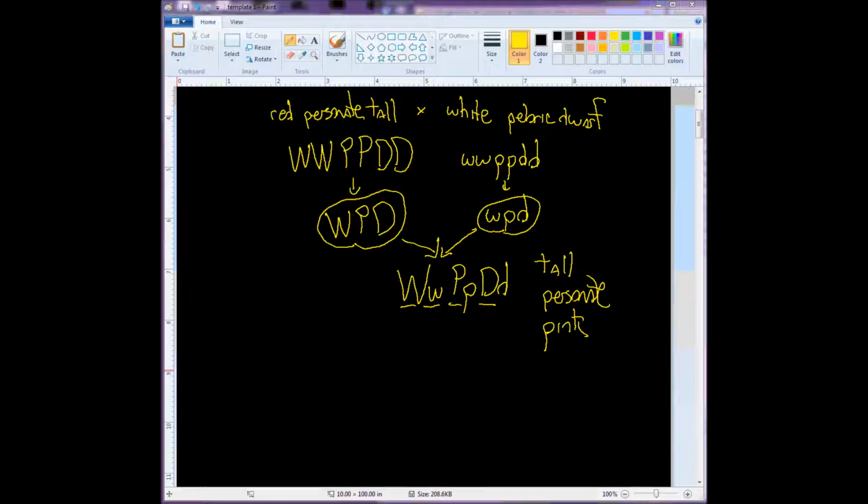Now the second part of the question is if the F1 plants are interbred, what proportion of the offspring will exhibit the same phenotype as the F1 plants?